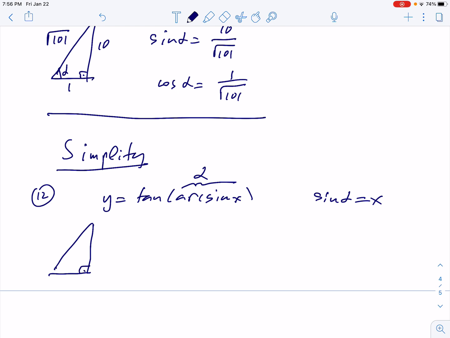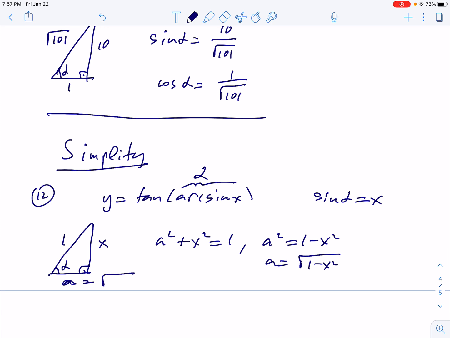In our right triangle, we put alpha here below, and sine is opposite over hypotenuse, so I'm putting x for this side and 1 for the hypotenuse. And the other side, what will it be? If we call it a, then a squared plus x squared equals 1. So a squared is 1 minus x squared. a will be the square root of 1 minus x squared. This is the side adjacent to alpha.